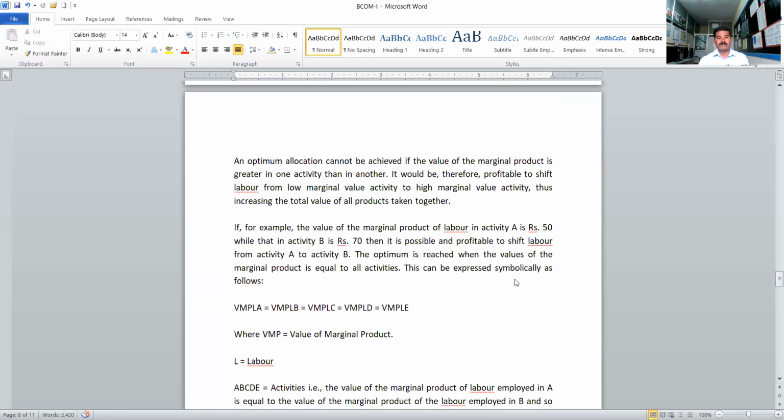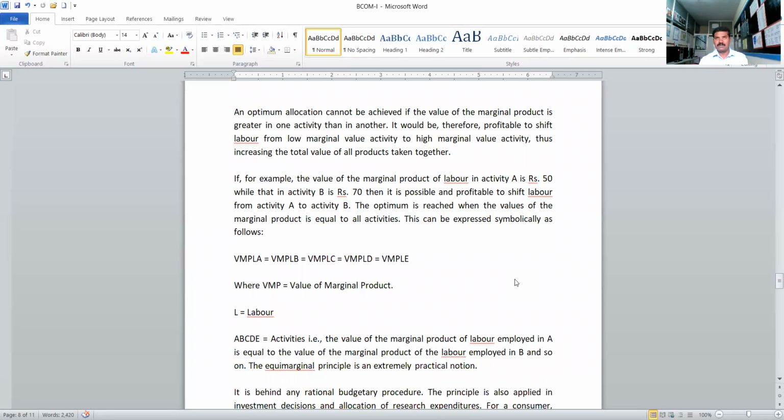If, for example, the value of marginal product of labor in activity A is rupees 50, while that in activity B is rupees 70, then it is possible and profitable to shift labor from activity A to activity B. The optimum is reached when the value of the marginal product is equal in all activities.